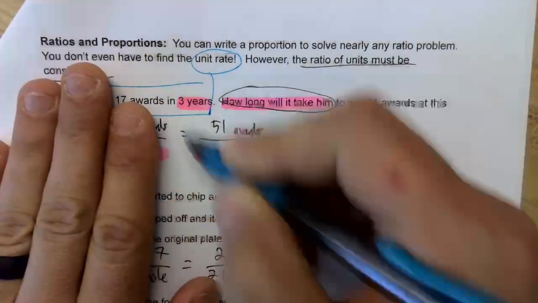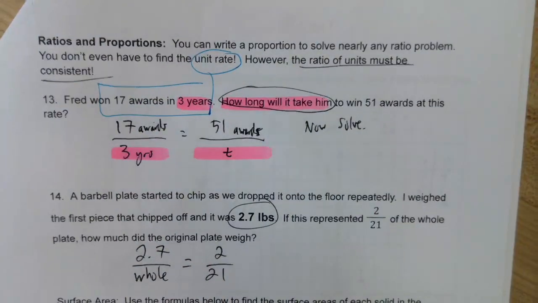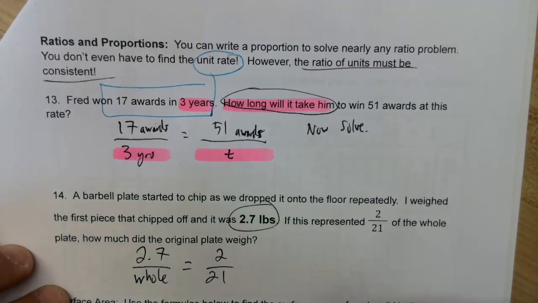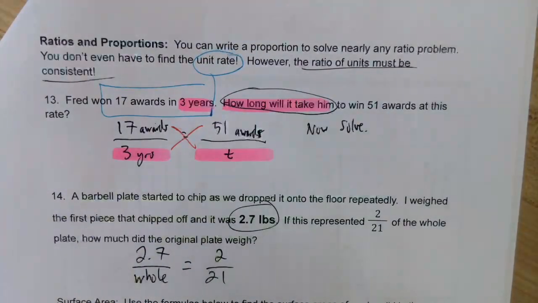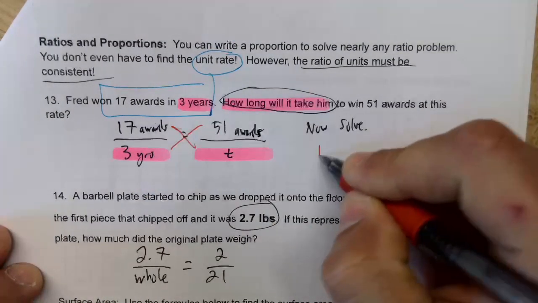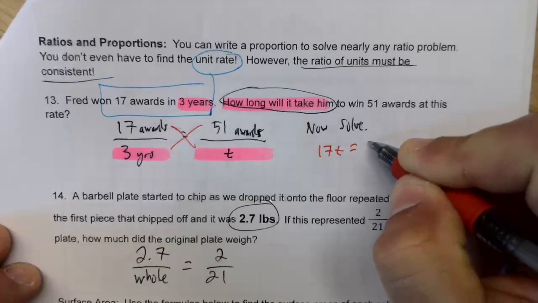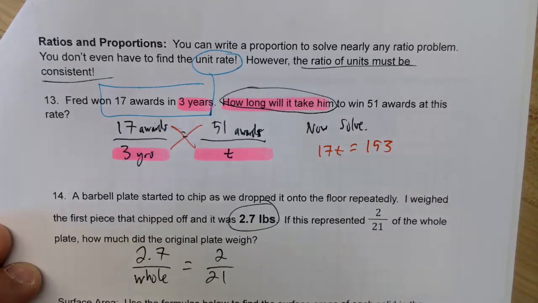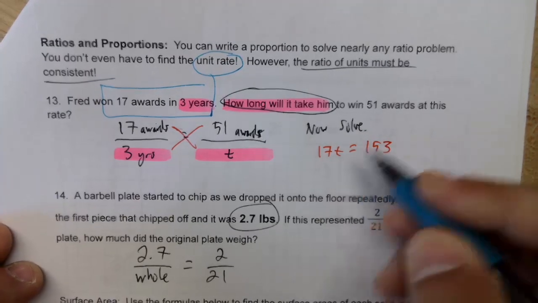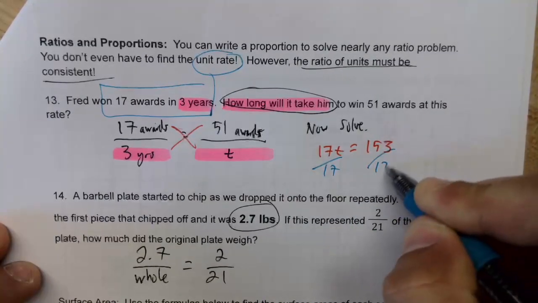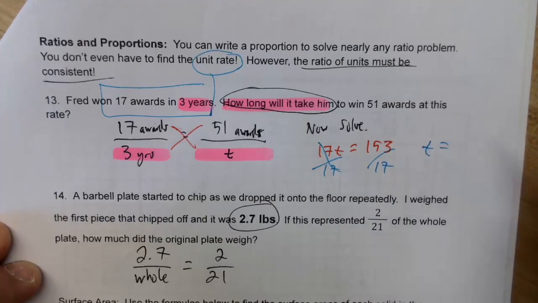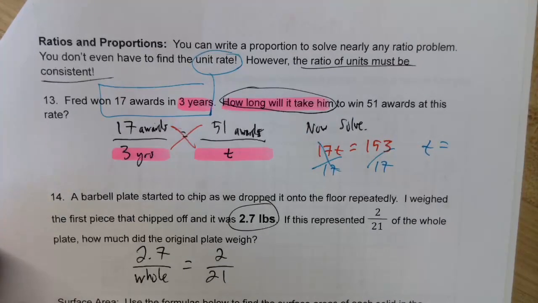So whatever I write over here has to be awards over years. Set them equal to each other and cross multiply. That is the method we have used to solve a proportion. So we're going to get 17t equals 153. What do we do to solve that? We're going to divide by 17 on both sides, and we're going to get t equals 9.